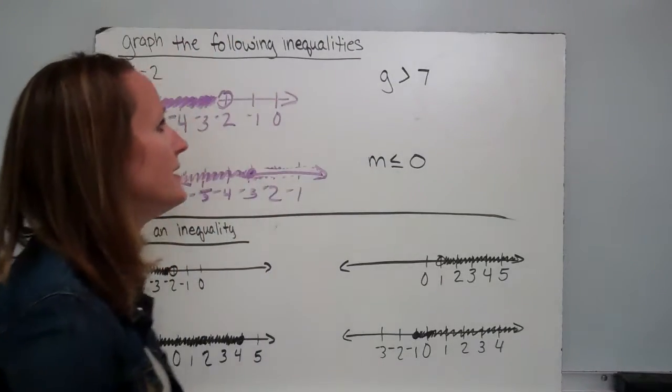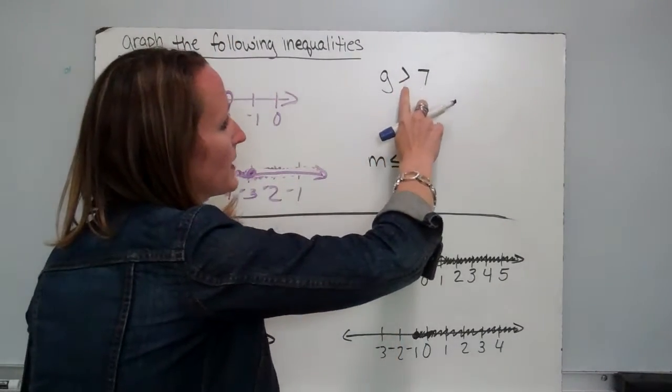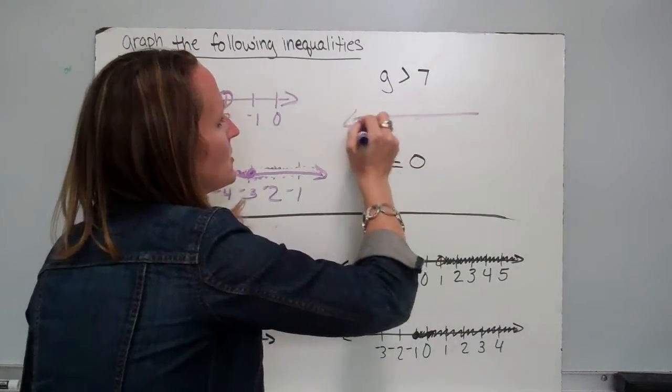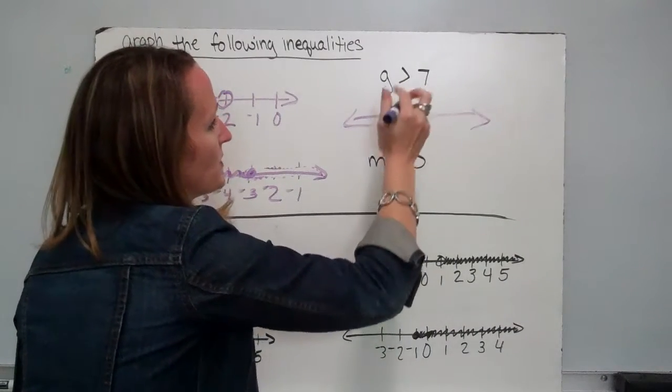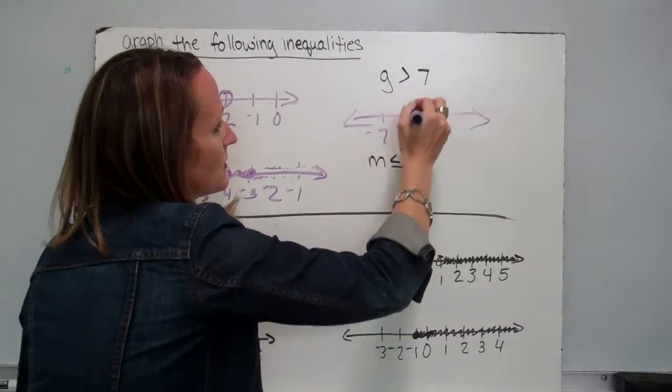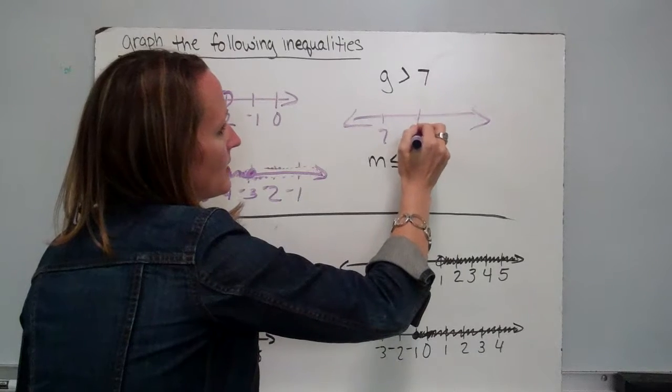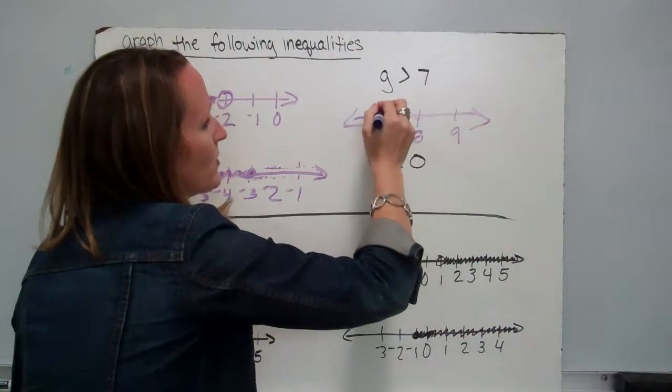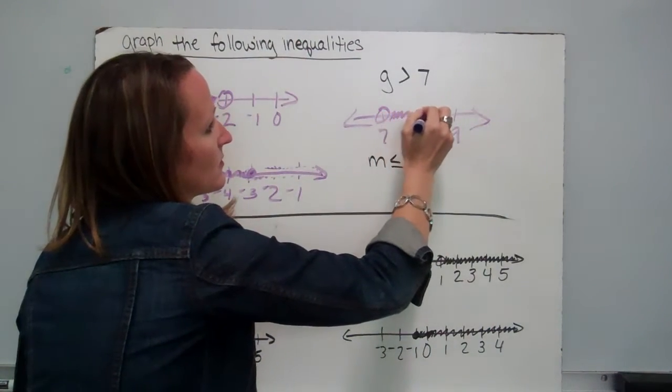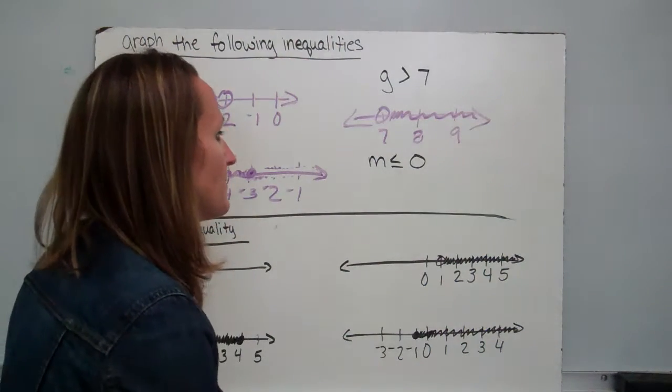Here I'm going to say g is greater than 7. So if I draw it again, open dot at 7, and everything that way.